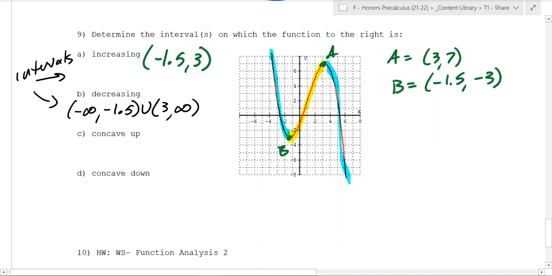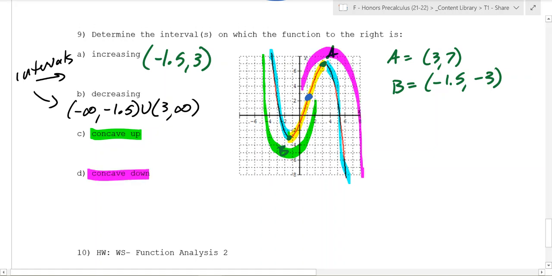So where is it smiling? Well, it's smiling, and I'm not going to do it on here because I want the colors to remain. It's smiling from here to here. So this is concave up, from there to there. So something happens right about in the middle here, and then it's a frowny face on the purple. So what does that mean? It's concave up to this point. We'll call it point C. C we'll estimate to be about 1, 2.5.